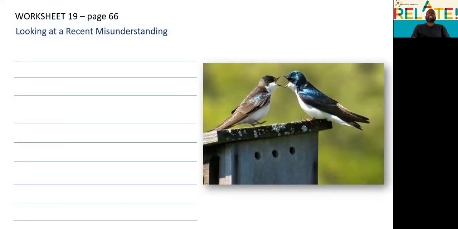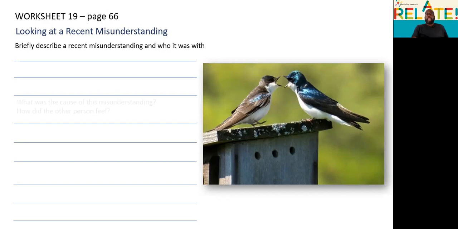With one of the sheets of paper that you have gotten, I would like you to look at any recent misunderstandings you may have had. It could be with a parent, a friend, a loved one, a guardian, or a sibling. Briefly describe a recent misunderstanding and who it's with.